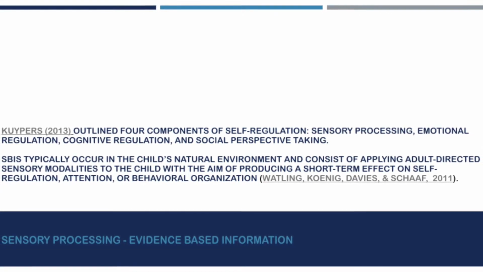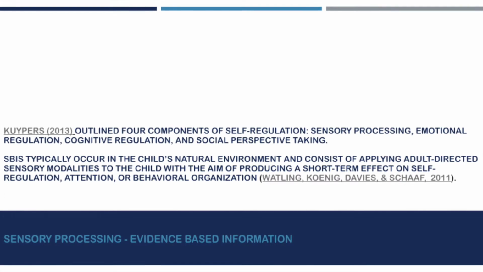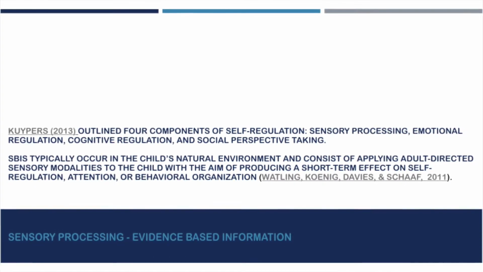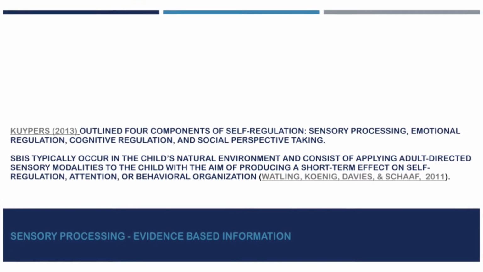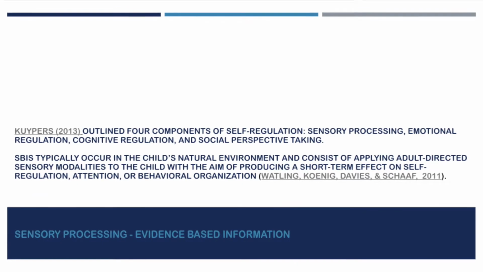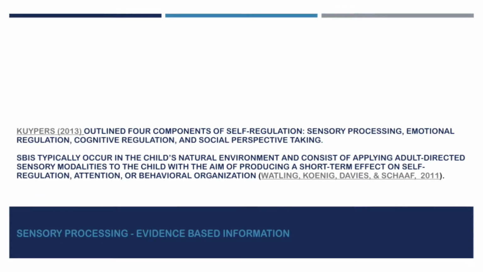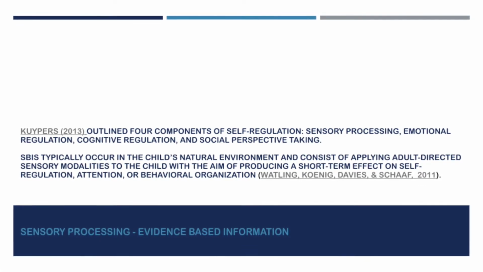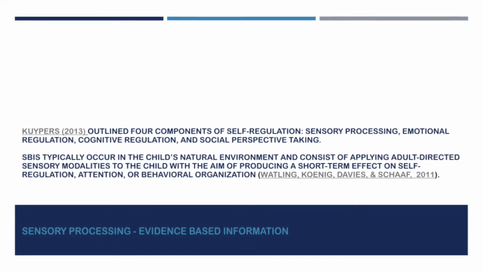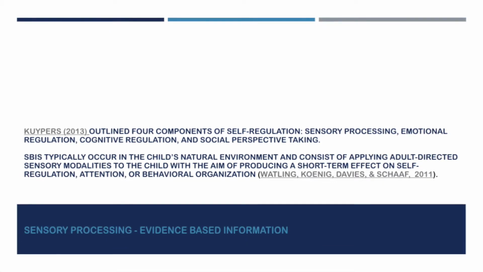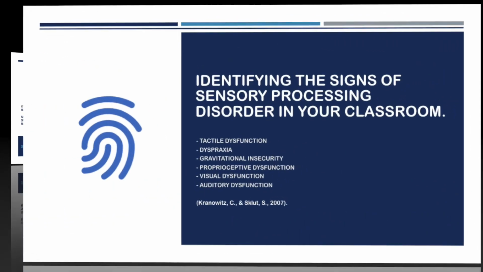According to Watling, Koenig, Davies, and Scaff, sensory-based interventions typically occur in the child's natural environment and consist of applying adult-directed sensory modalities to the child with the aim of producing a short-term effect on self-regulation, attention, or behavioral organization. These skills help to support sensory processing interventions in the classroom daily.